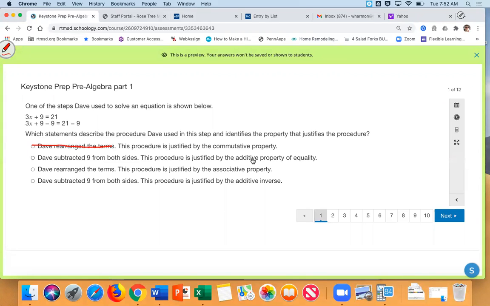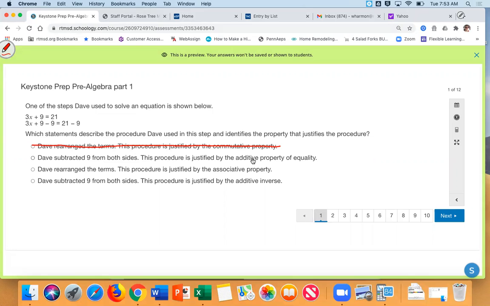Now it says Dave subtracted 9 from both sides. Honestly, Sophie, I'm kind of thinking it's that one, right? Because I did subtract 9 from both sides. But what I'm going to do is read the other ones. I don't want to be so quick.